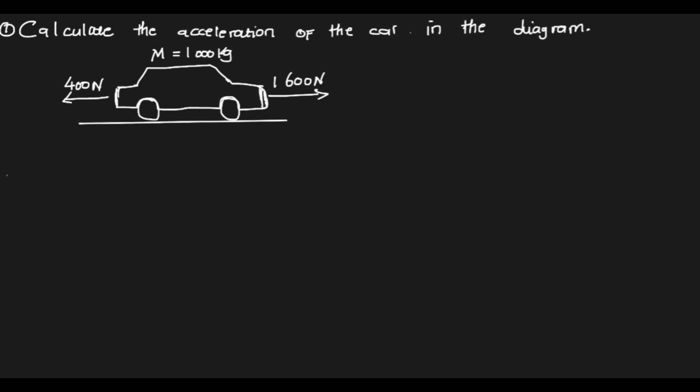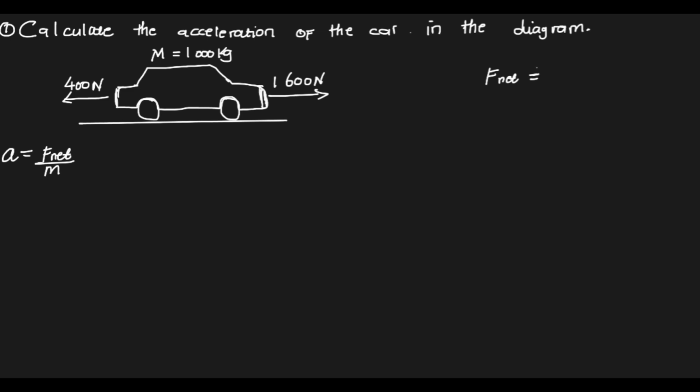So now the formula for acceleration, we say that acceleration is equal to net force divided by the mass. So first we need to find the net force, and we said net force can be found by adding or subtracting the two given forces. In our case, we have two arrows pointing in different direction.